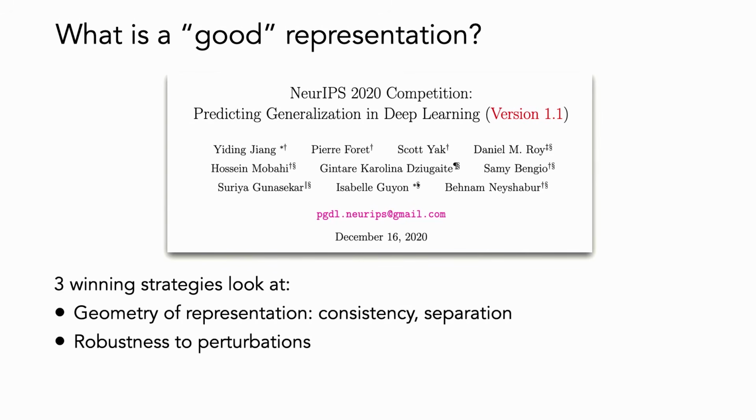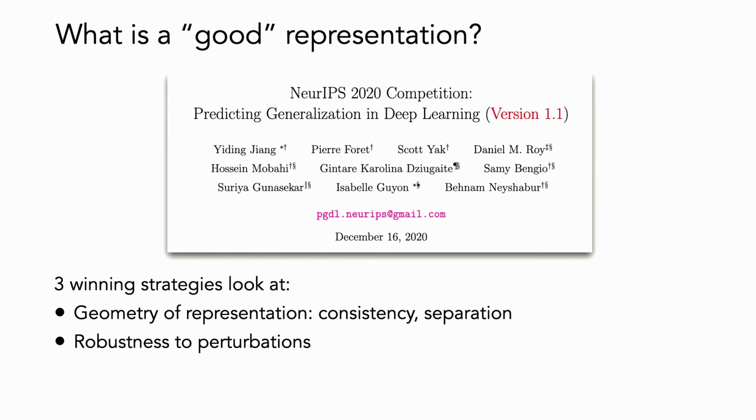So back in 2020, there was this work that tried to pose specifically the question of not what makes a good categorizer, but actually can we build complexity measures that accurately predict the generalization of models? Can you build a complexity measure over a representation that will predict how well that representation will generalize?